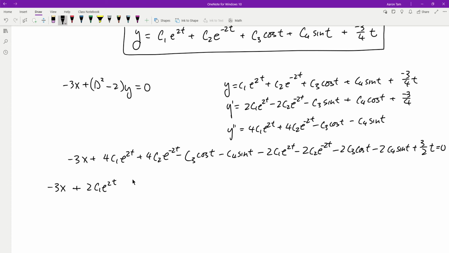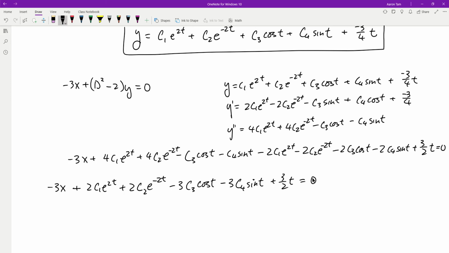Same thing with this one: I have 4c2 e to negative 2t minus 2c2, so it becomes plus 2c2 e to negative 2t. Cosine t will be minus 3 of them, minus 3c3 cosine t. And there will also be minus 3c4 sine t. And then I just have the plus 3 over 2 t equal to 0.